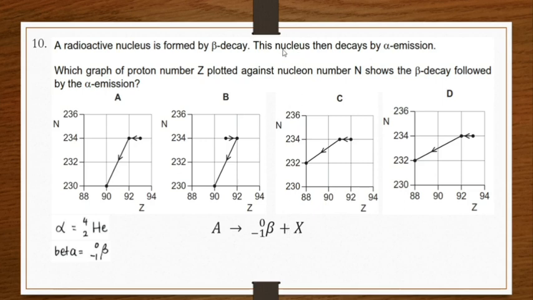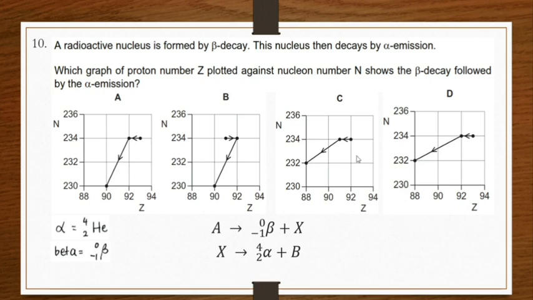Now, this nucleus then decays, so X will decay by alpha emission. So it will emit alpha, becomes B. So later, this X, the proton number will decrease by 2 and the nuclear number will decrease by 4.